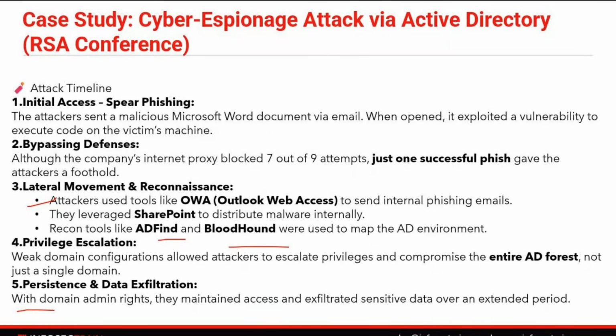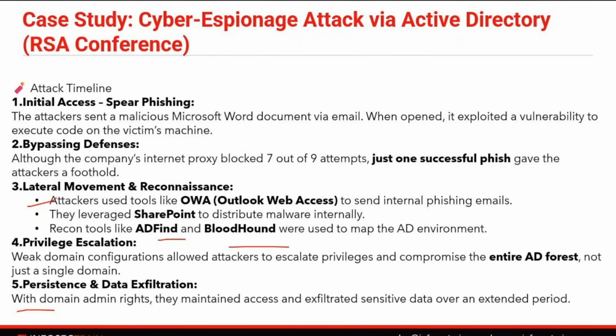an extended period. Right? So what weaknesses did we find from this case study? Misconfigured trust relationships between domains, lack of monitoring for internal phishing and SharePoint abuse, over-reliance on perimeter defenses like email filters or proxies, and no segmentation between high privilege and low privilege accounts. Right?